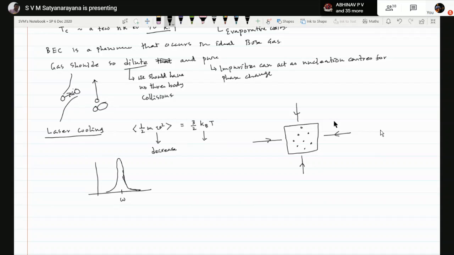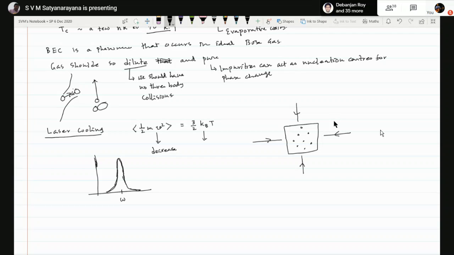If omega is a resonance frequency at which it can absorb light, then the probability that it absorbs light of frequency omega is highest, whereas the probability that it will absorb other frequencies decreases very fast, but there is some kind of a probability.